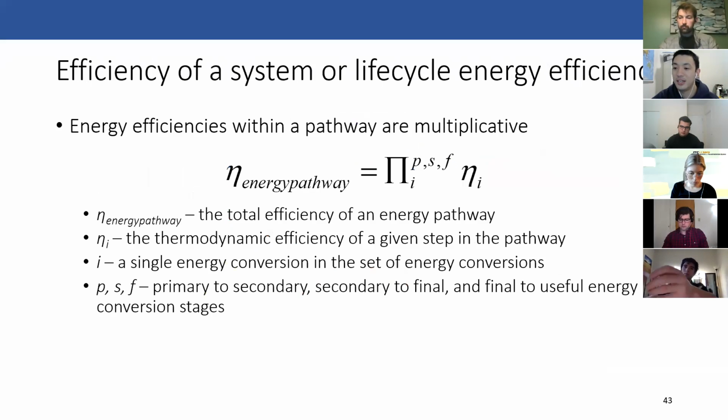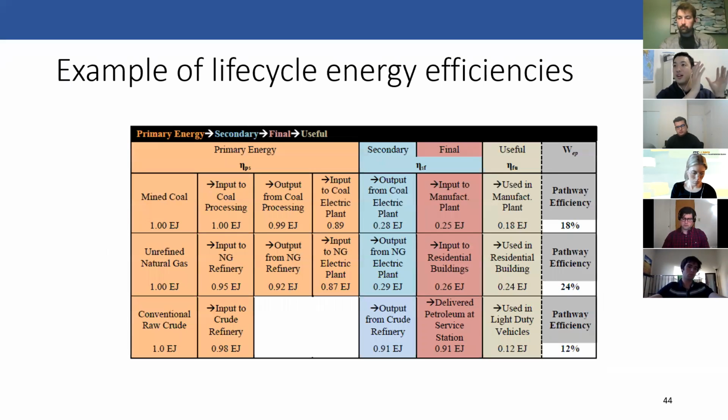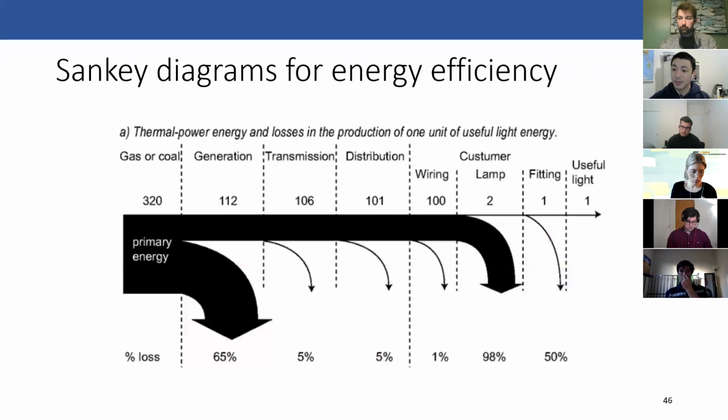So now that you've seen what it means to go from primary energy all the way down the pathway to useful energy, let's take a look at this concept of, hey, what happens if I were to improve the efficiency of this step to this step versus this step to this step? And so the example that we're going to look at is going all the way from a power plant to the light energy that you'd get out of a light bulb.